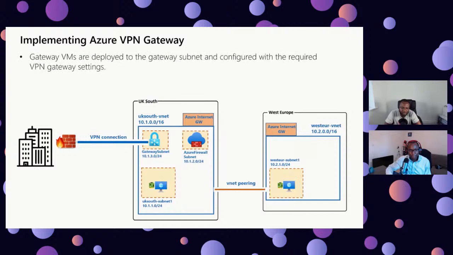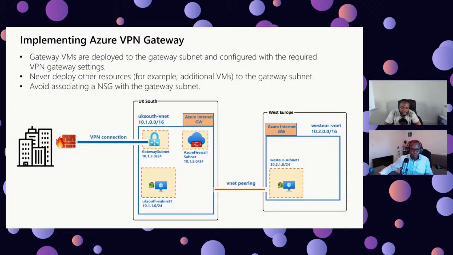So let's go back. Gateway VMs are deployed to the gateway subnet. We already know that, so we don't deploy any other resources into that, and we want to avoid associating an NSG. But here's what we can do. When we are configuring our VNet peering, one of the settings that we have is a setting to allow this network over here to use this gateway over here. So we have to enable that when we configure our VNet peering or afterwards.